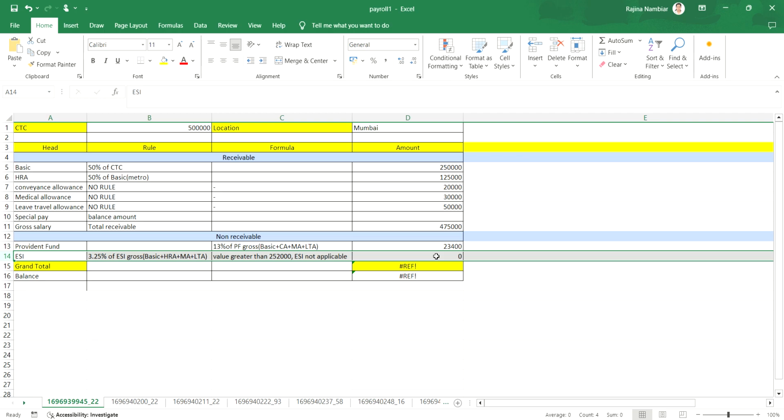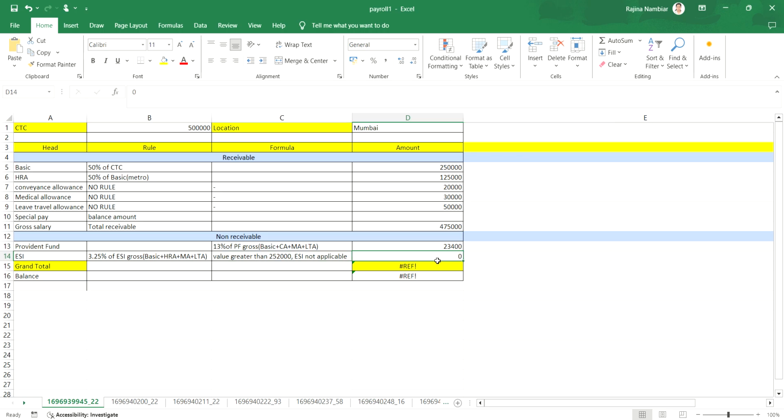Fine. So now we're going to again put a condition. Go to round off. So we're going to take basic plus HRA plus conveyance plus medical allowance.